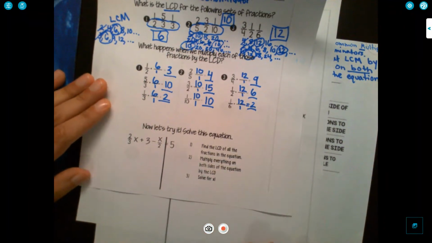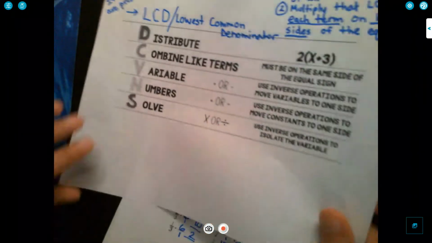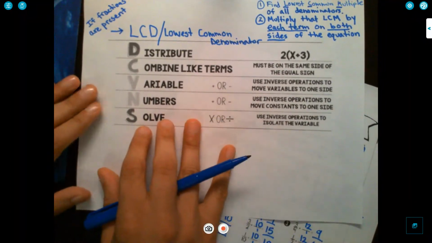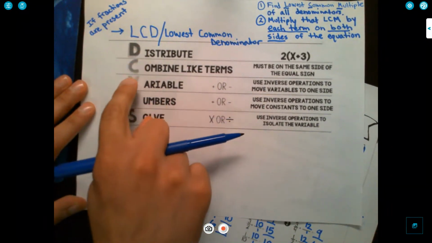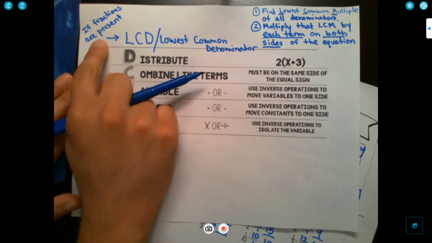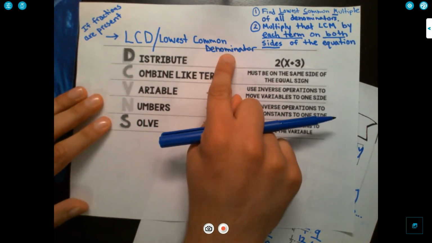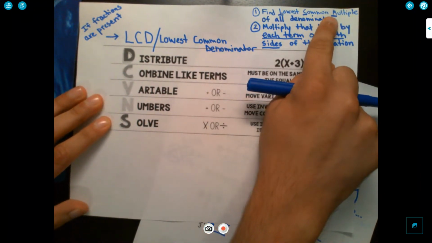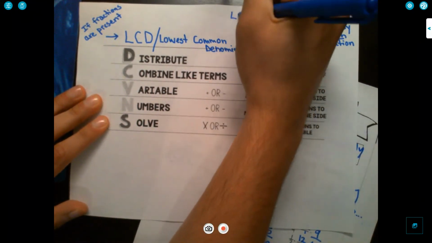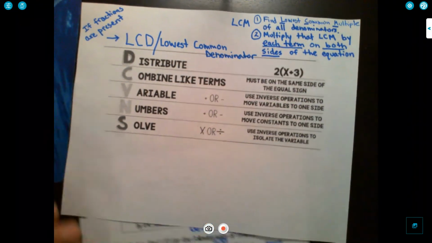It says, now let's try it, solve the equation. I just want to point out this step. So remember your steps, dumpsters contain very nasty stuff. Whenever fractions are present, we do what's called the lowest common denominator, and we said the lowest common denominator is finding the lowest common multiple, or LCM, of all denominators, which is what we did in these examples right here.